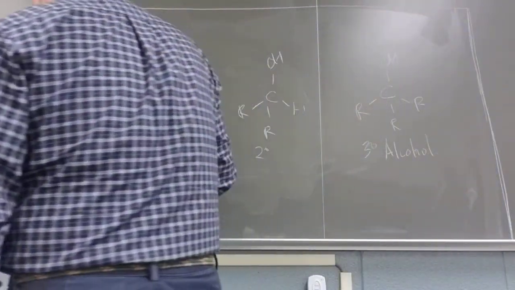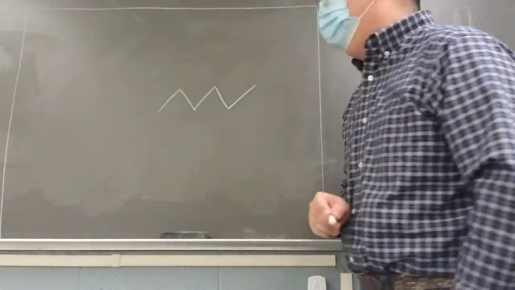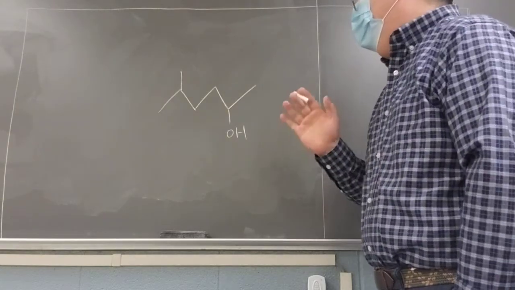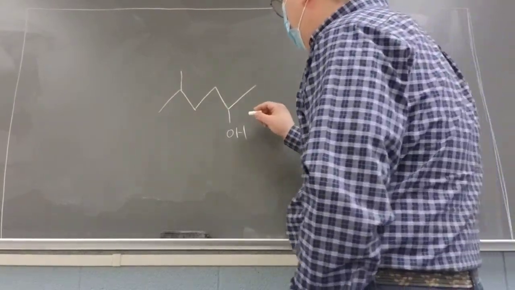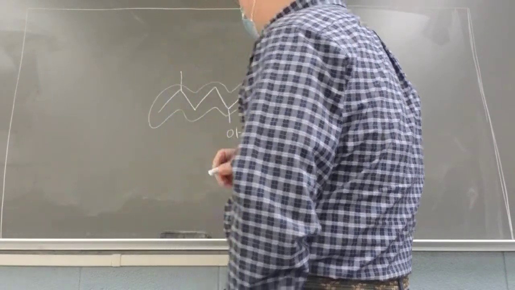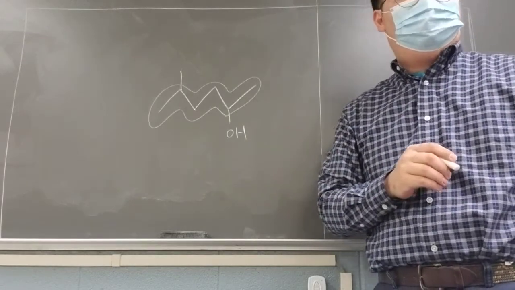All right, so let's do the nomenclature here. If you have this one over here, and then you have this group and this group here, so you have this type of compound. It's actually pretty much the same. You just need to find the longest carbon chain, which will be 6 carbons there.